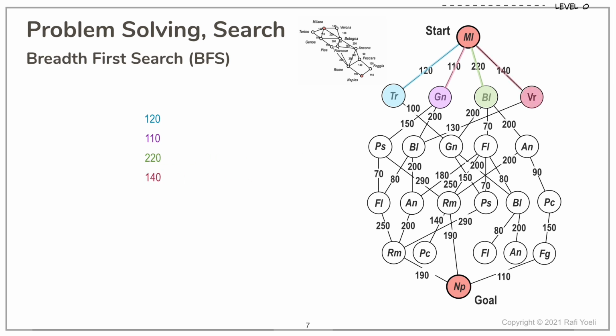Now, we explore the neighbors of these cities, always completing one level before moving to the next. Level 2. Turin to Genoa, 100 kilometers, total so far, 220 kilometers, Genoa to Pisa, 150 kilometers, total so far, 260 kilometers, Genoa to Bologna, 200 kilometers, total so far, 310 kilometers, Bologna to Florence, 70 kilometers, total so far, 290 kilometers.